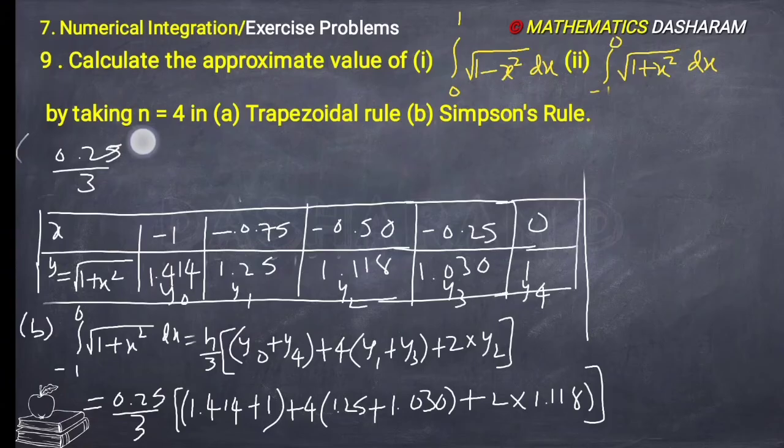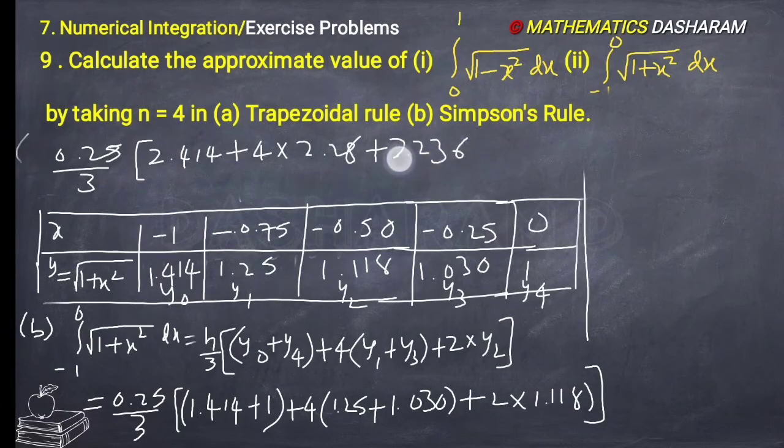divided by 3 bracket of 1.414 plus 1 is 2.414 plus 4 into 1.25 plus 1.030 is 2.28 plus 2 into 1.118 is 2.236.